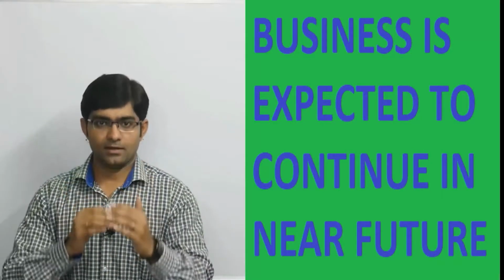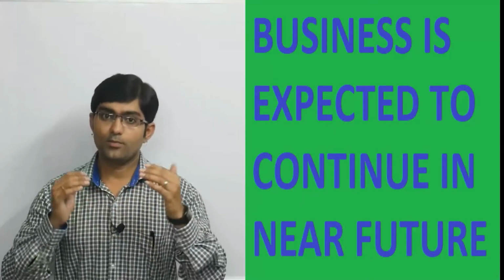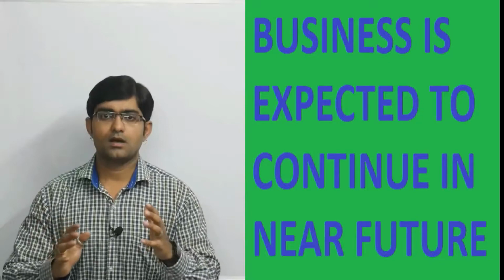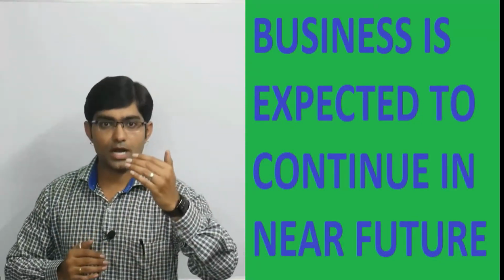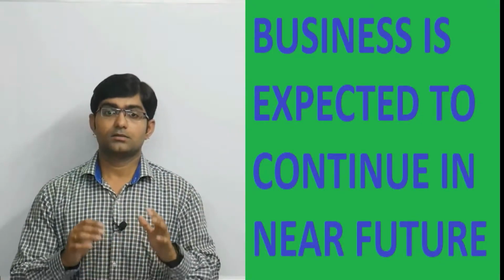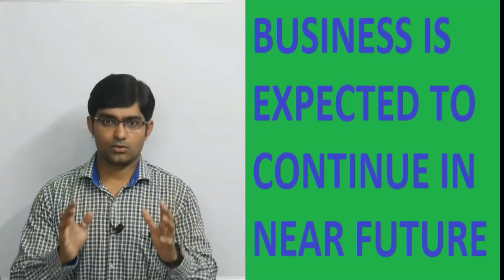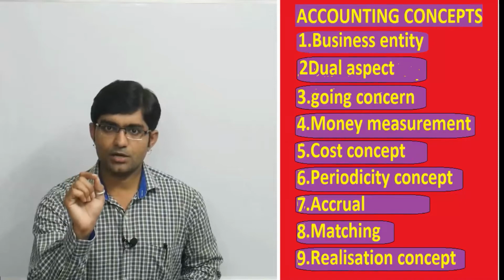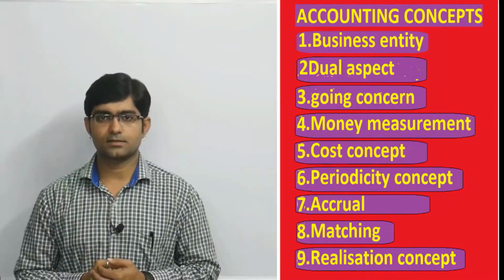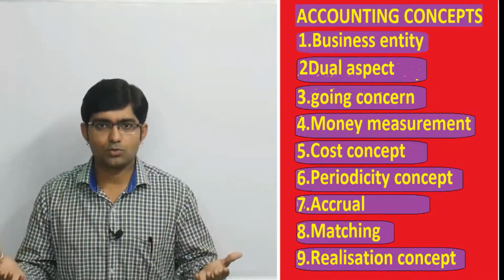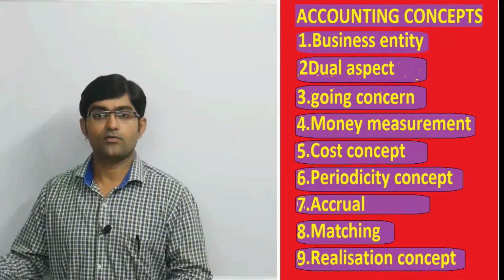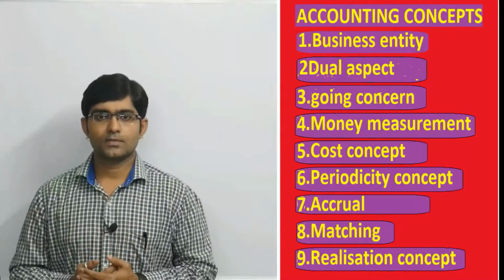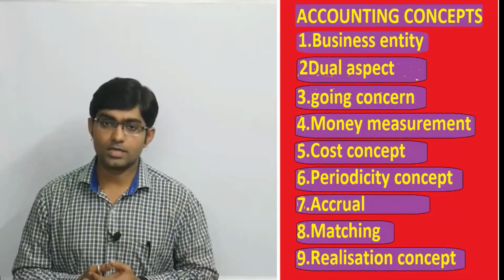Generally, in 99.99 percent of cases, we prepare accounts on the assumption that our firm is going to continue in future. That's why we prepare accounts in a normal way. But if there is an identification of closure of business, then how can we assume going concern concept? The firm is going to close, the firm is going to dissolve, then how can I assume going concern concept?